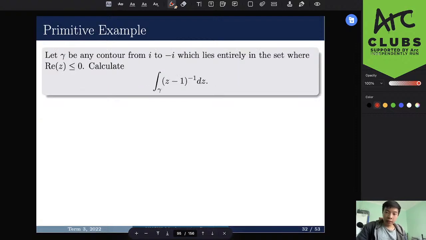So let's say we wanted to find the primitive of this function right here. And so what we do is we would first integrate it. We know that that's equal to 1 on z minus 1. So obviously that would be a log, right? Well, there's something we need to consider, and that there's a restriction to the contour.